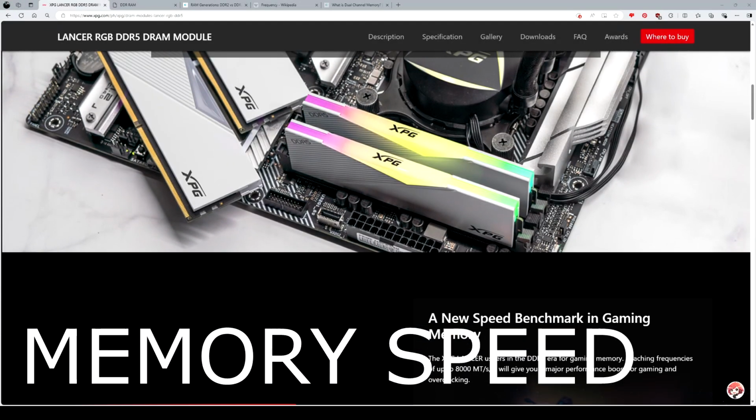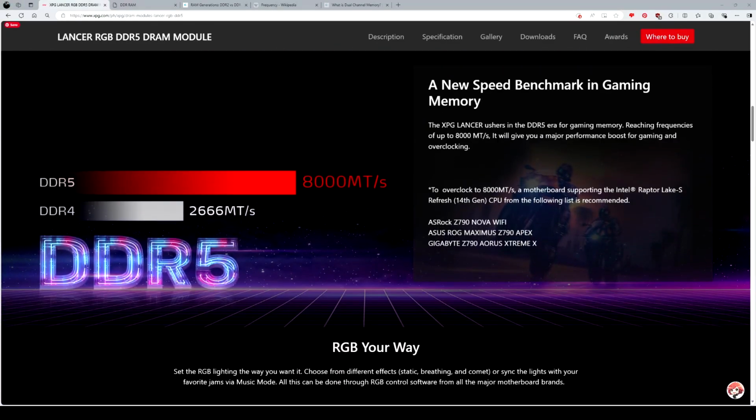The megahertz speed we usually see plastered over RAM packaging in previous generations is slowly being changed to megatransfers, which should be the proper term, as the use of megahertz only applies to SD-RAM.